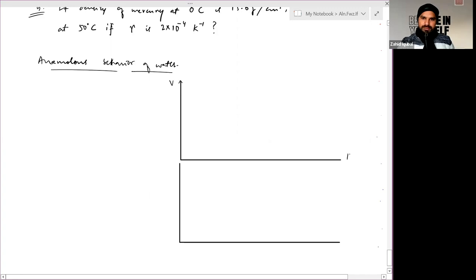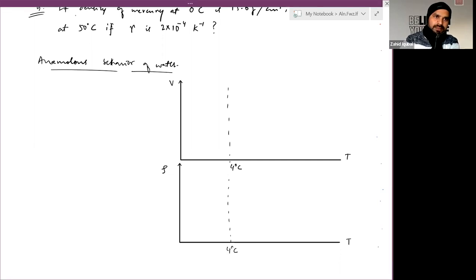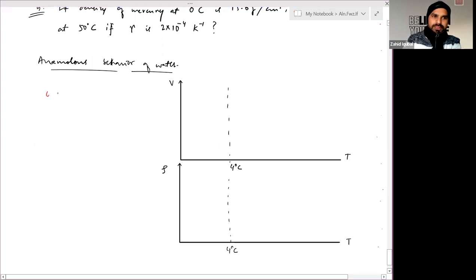volume versus temperature. This is density versus temperature. Let's say this is 4 degrees Celsius. So for water, on going from 0 degrees Celsius to 4 degrees Celsius, volume decreases, but density increases.